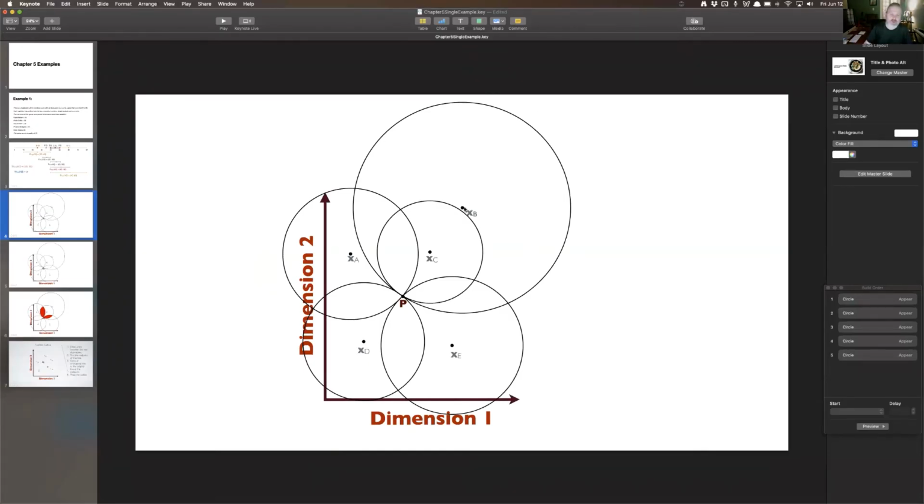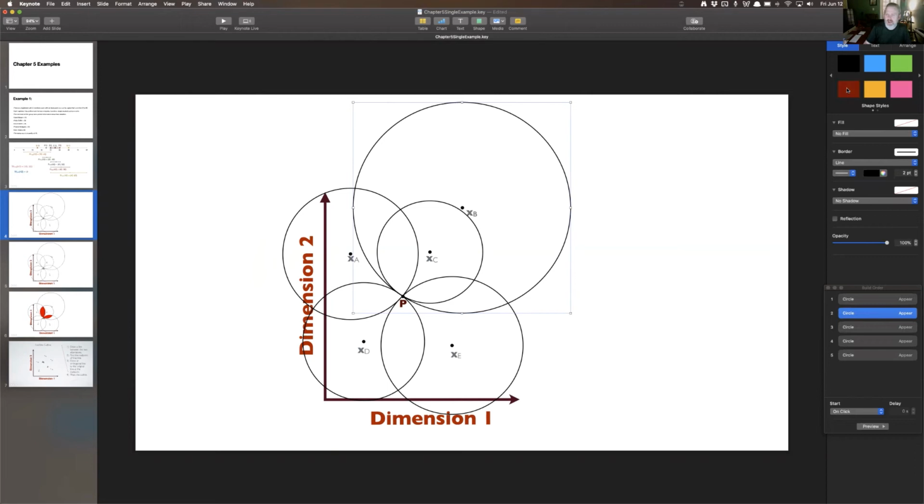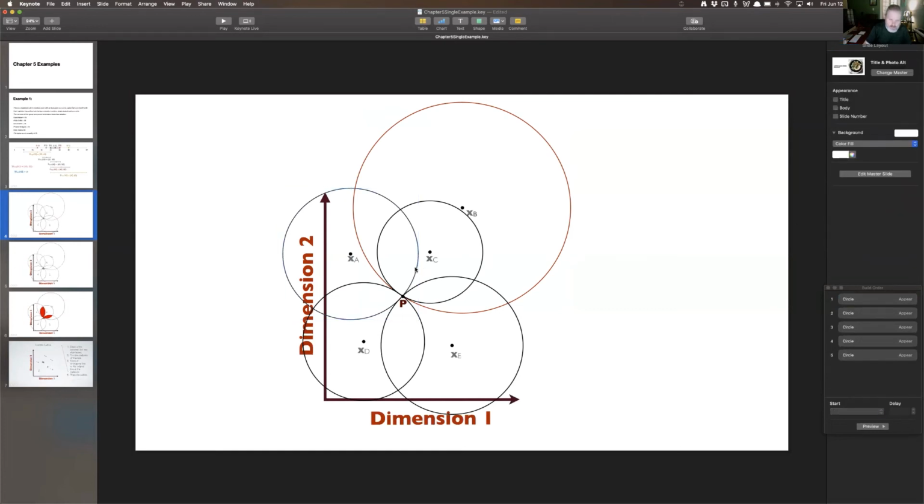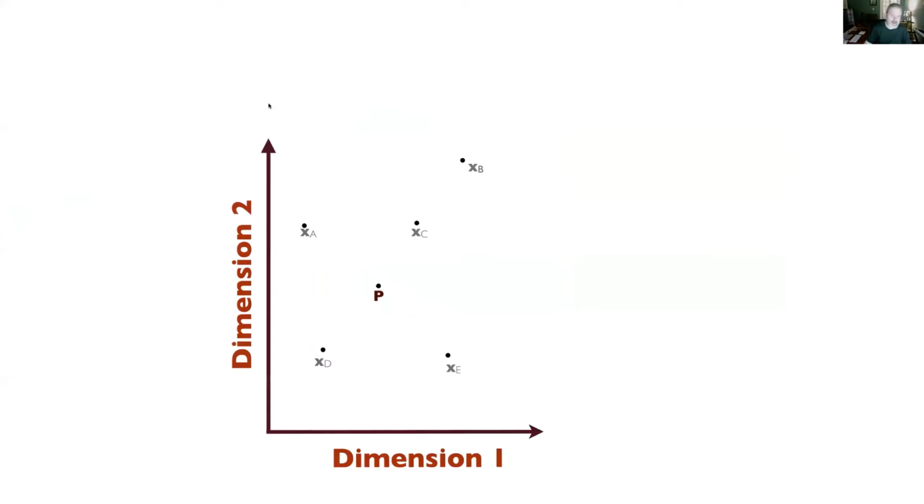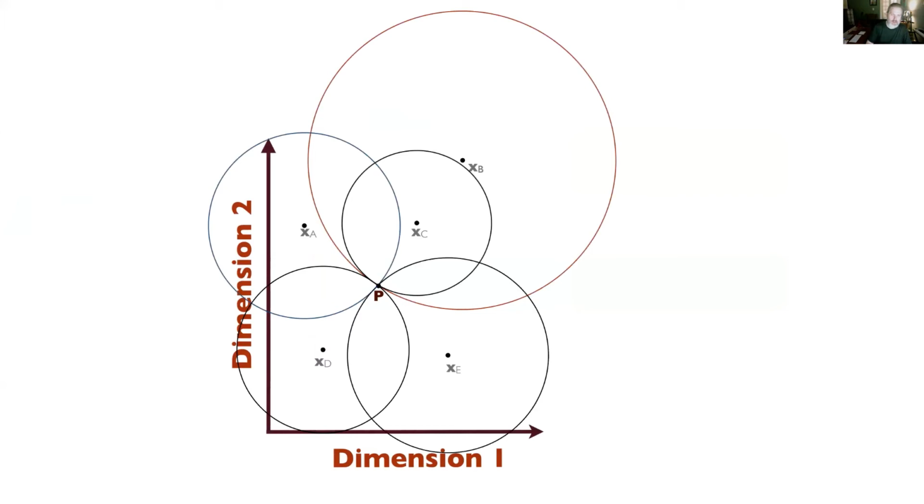I'm going to do it for person A and B. I'm going to make person A bright red here. I'm going to make person B blue here. Did it work? Yes. All right. So let me go back and bring it back in. Here is person A and B.